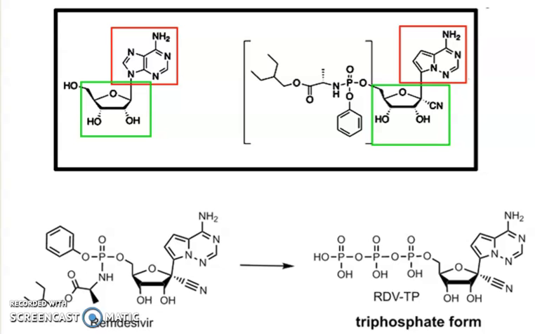When this triphosphate form enters the cell, this moiety is similar to that of adenine, and during RNA replication, Remdesivir is incorporated instead of adenine. So basically a false RNA sequence is formed and the RNA is no longer useful. Since there is no adenine, the chain will not grow. Basically, chain termination would occur here.